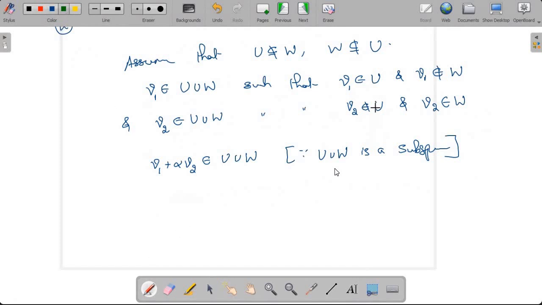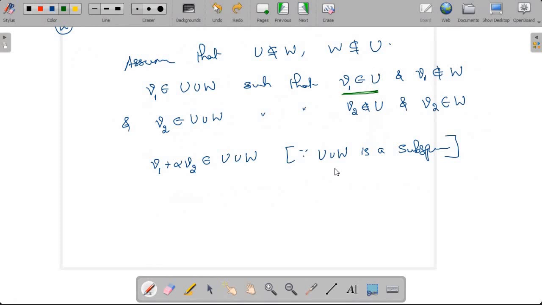Now I need to get something wrong here, right? Why? Because I started with the wrong assumption. So what we'll do is we are going to prove that this V1 also belongs to W. That is what we'll prove. And if you prove that, it means it is wrong. This wrong thing happened because your assumption is wrong.